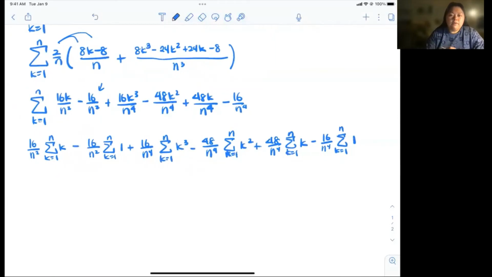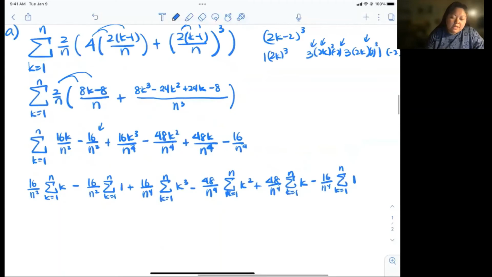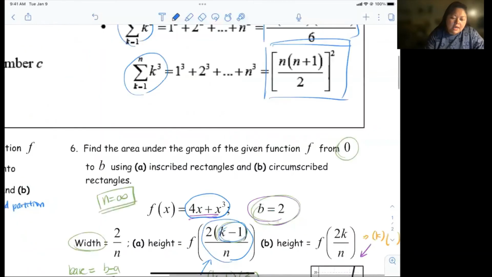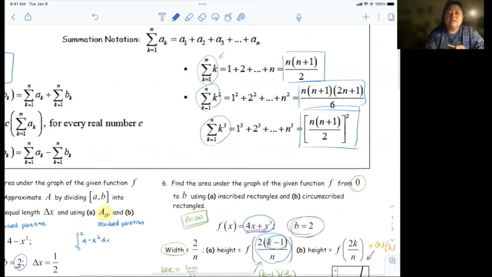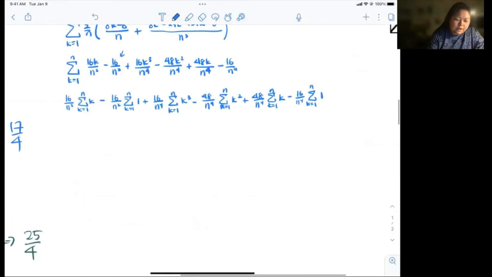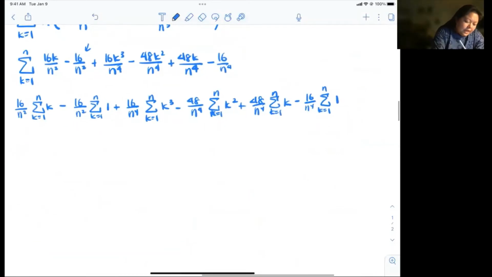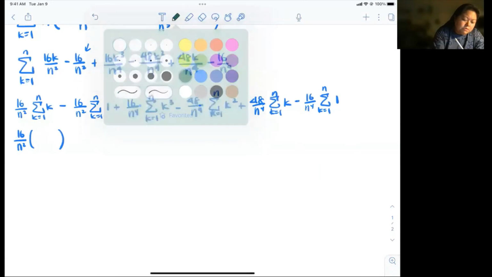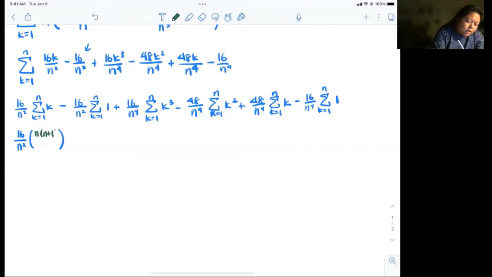So what is the point of all this? Remember, we have these formulas up here, right? The sigma of k, k equals 1 to n, can be replaced by n times n plus 1 over 2. The k squared can be replaced by this formula, k cubed replaced by this formula, okay? So the first one, I have 16 over n squared, and this got replaced by n times n plus 1 over 2, right?